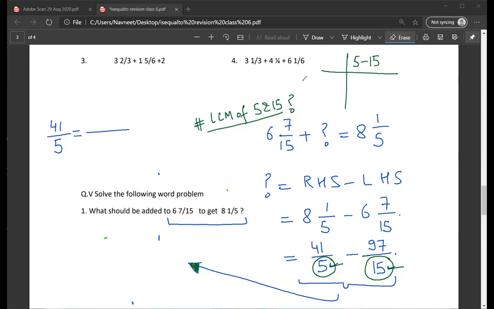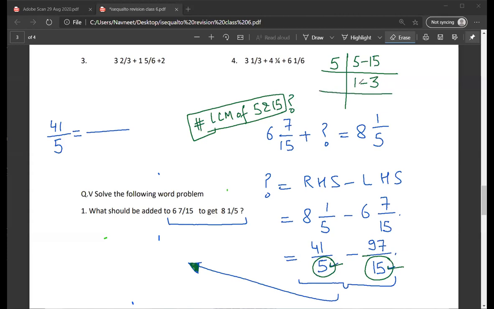Mr. Satya, let's find the LCM of 5 and 15. Now see how I do it. The common factor of 5 and 15 would be, what is that number which is able to divide both 5 and 15? 5. So 5 1s are 5 and 5 3s are 15. Is it okay? Yeah.